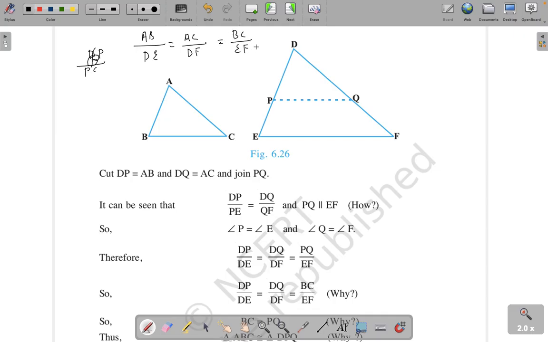Now you have drawn DP such that DP is equal to AB, so you can just replace this. You'll get DP upon DE, not DP upon PE. So DP upon DE is equal to DQ upon DF. PQ you are not sure whether it is equal to BC or not.